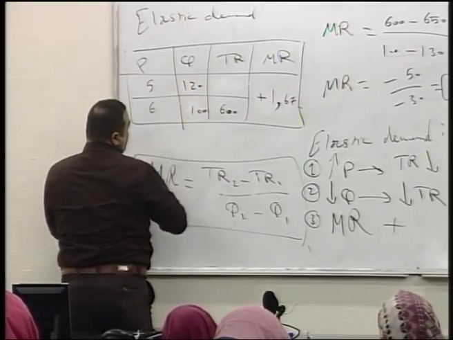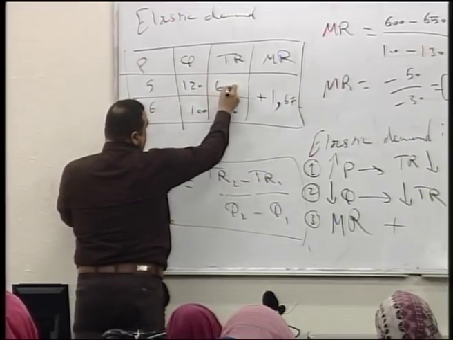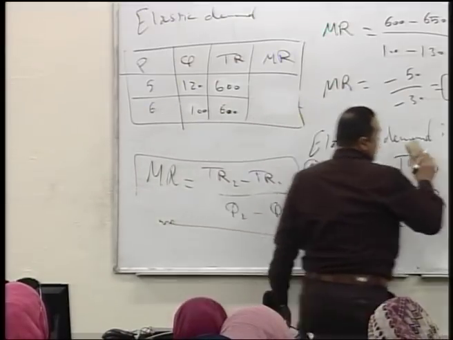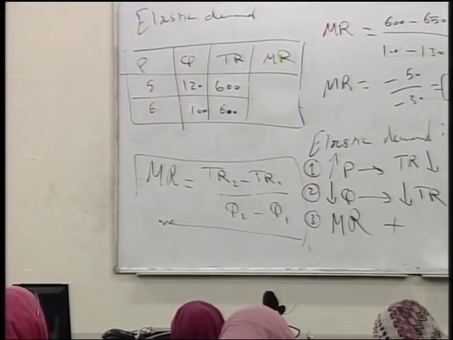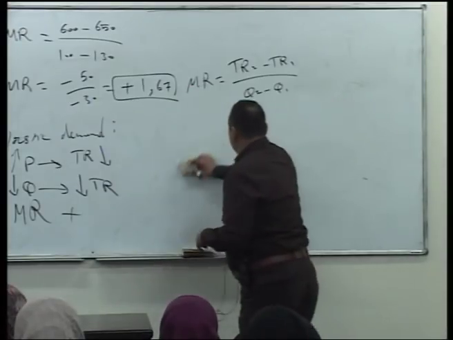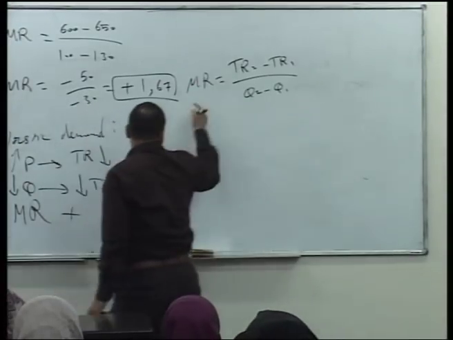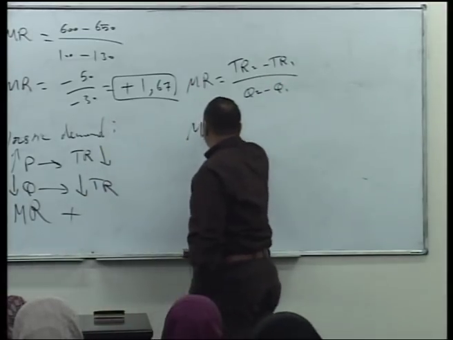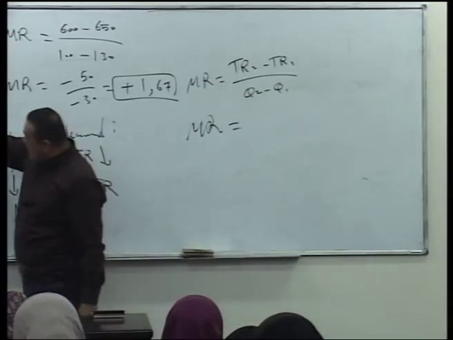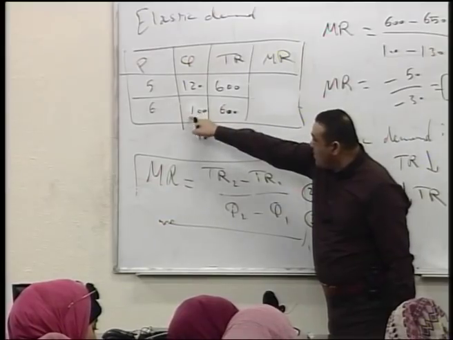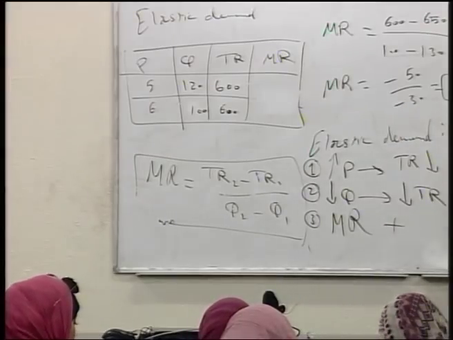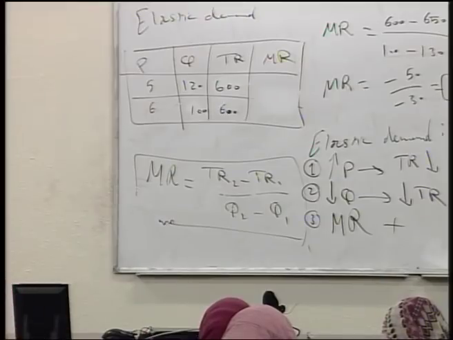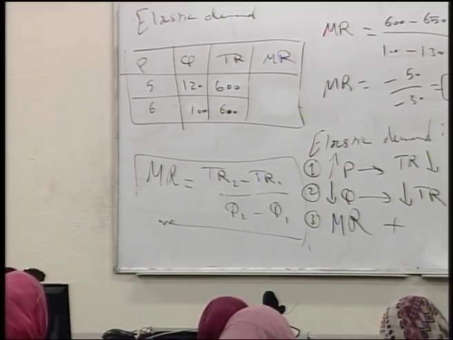طيب, what if the demand is unitary elastic, which means here, according to the assumption, the quantity is 120 and 100, total revenue 600, 600. What about the marginal revenue here? Let's calculate the marginal revenue. MR equals TR2 minus TR1 over Q2 minus Q1. So MR equals 600 minus 600 over 100 minus 120 equals zero.